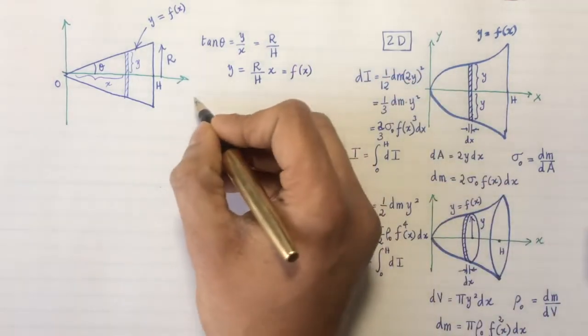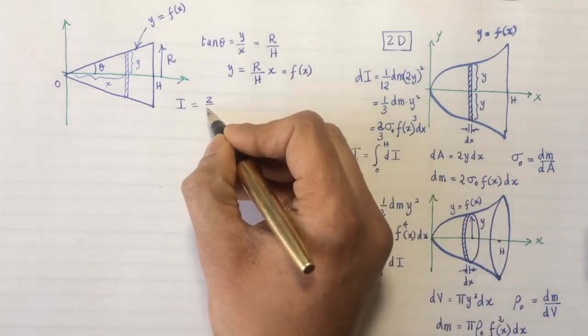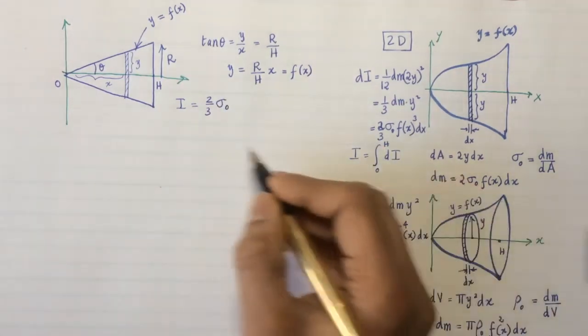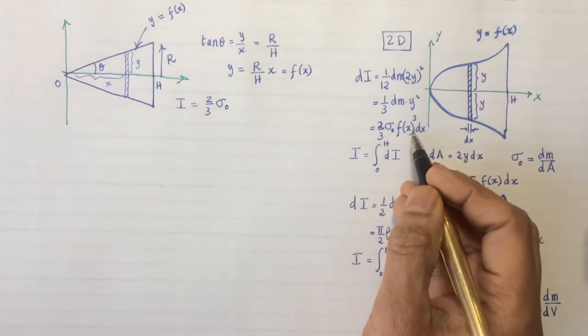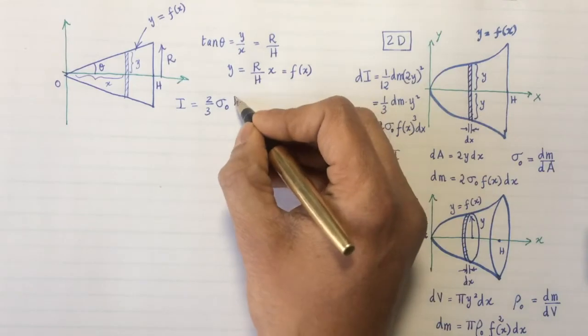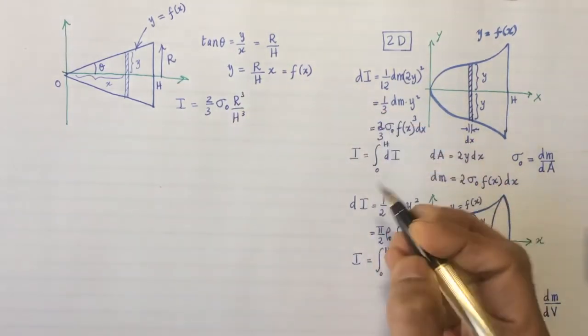So the moment of inertia I is just going to be 2/3 sigma naught. I'll take the 2/3 and sigma naught outside because they're just constants. And now I have to cube f. If I cube f, I'm going to get r cubed over h cubed, which will also come outside.